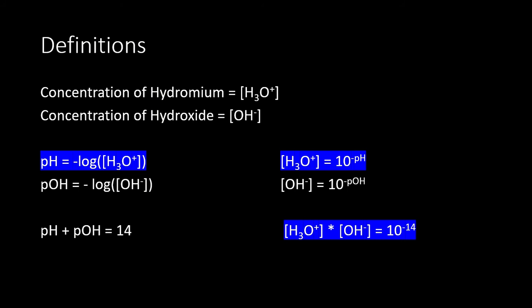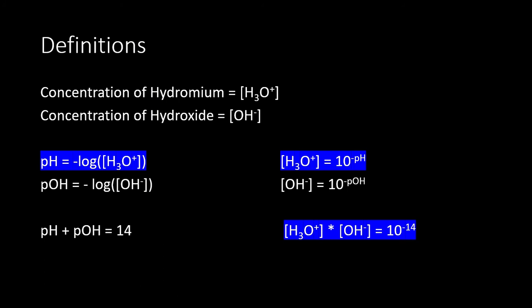So taking the formula and putting it between brackets. If you're looking at solving something involving the concentration of hydroxide, we just represent that as brackets surrounding OH minus, surrounding the formula for hydroxide. So if you see a formula surrounded by brackets, that just means concentration of that thing.